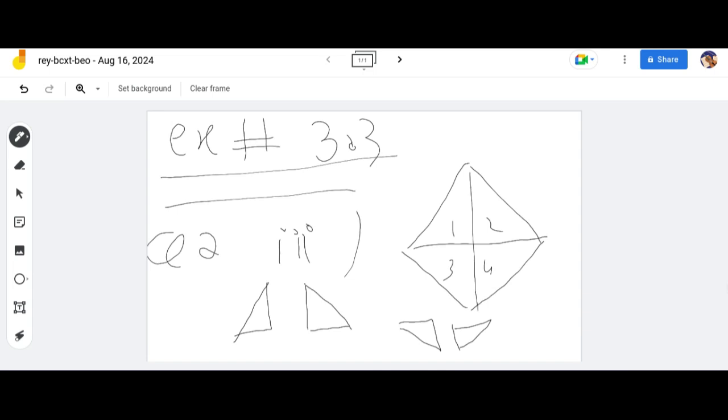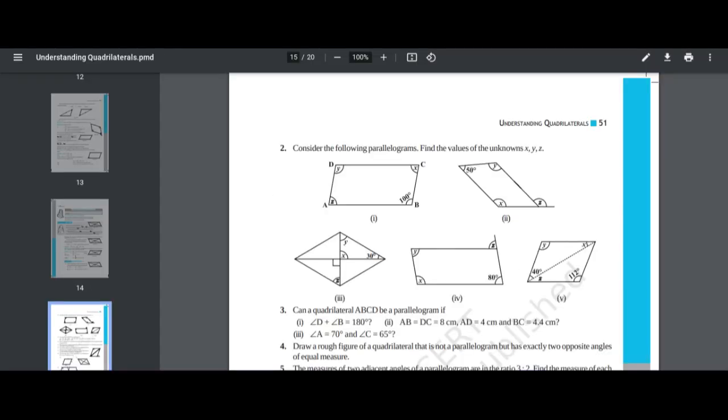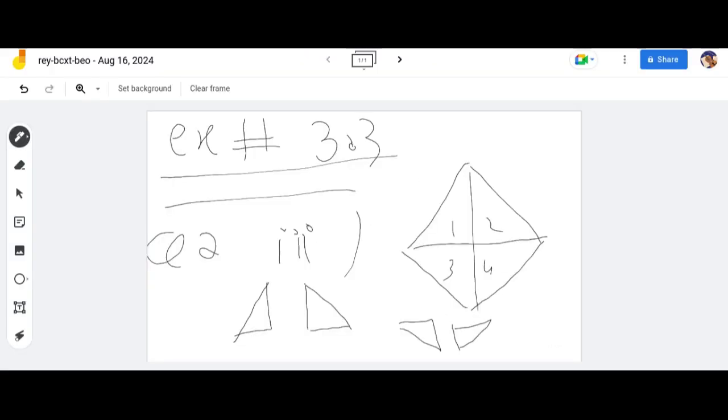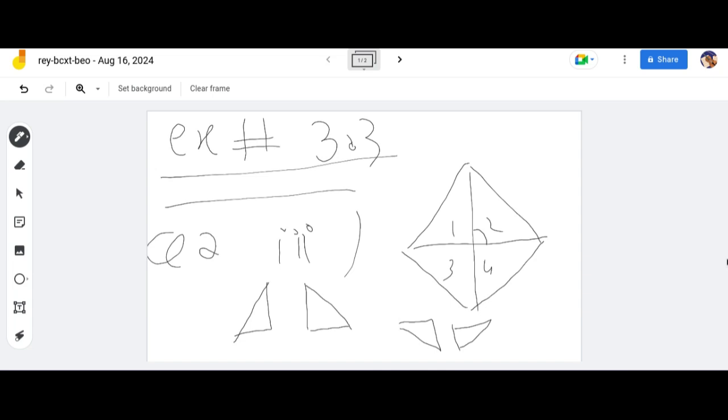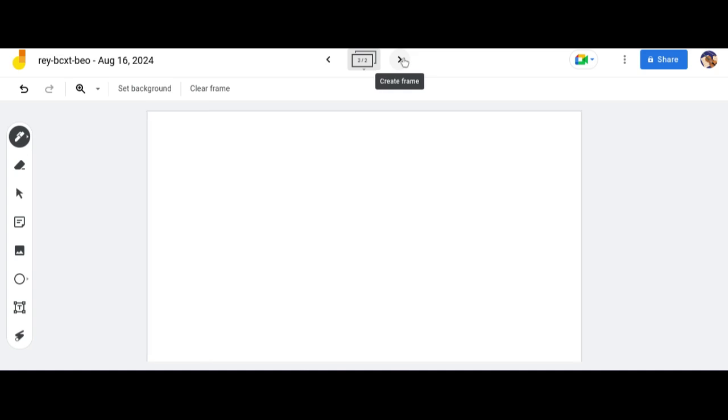90 degrees. So looking at the diagram of the parallelogram, the angle at x is 90, because x is present here. So the value of x is 90. I will write here x is equal to 90.